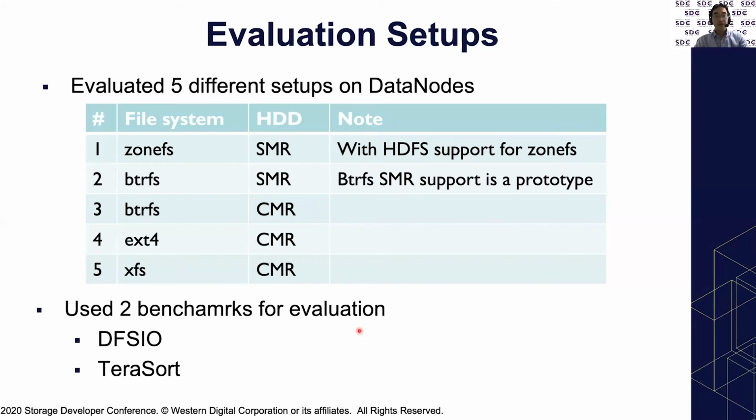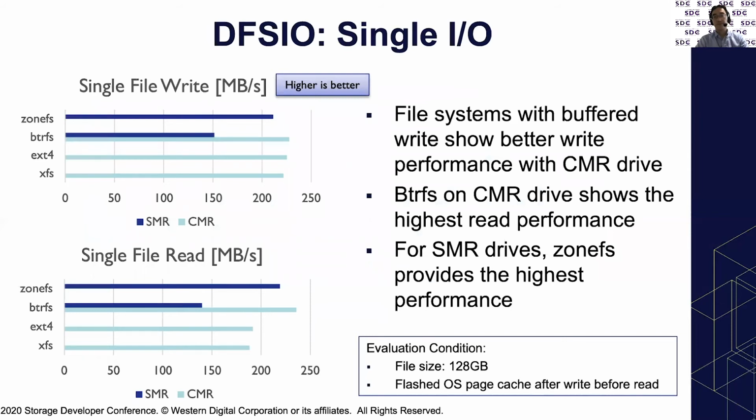I used 2 benchmarks for evaluation, DFSIO and Tera Sort. Firstly, let's see the numbers measured with DFSIO. DFSIO is one of the major benchmarks which runs on Hadoop and HDFS. It evaluates HDFS file I/O throughput.